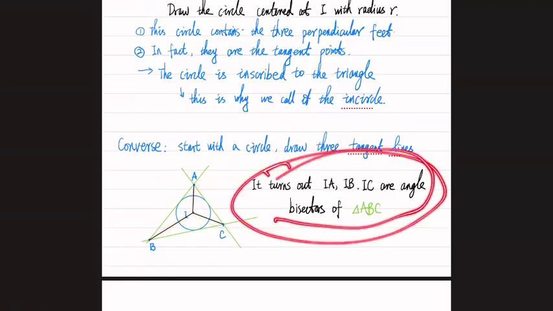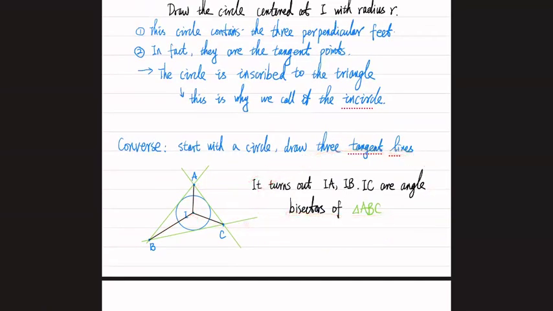Why? Because I is the incenter. The incenter is the intersection of the angle bisectors. So this is the reason why.